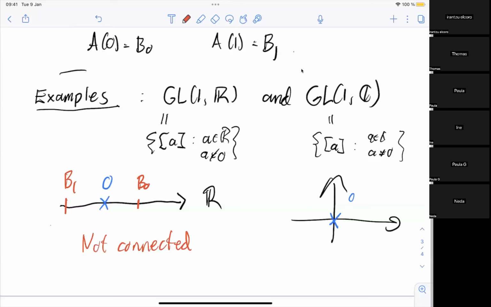So this is not connected. Whereas if I'm in the complex plane, this can always work out. So this is sort of a separation, and a good way to picture being connected or not connected is this simple one-dimensional case.